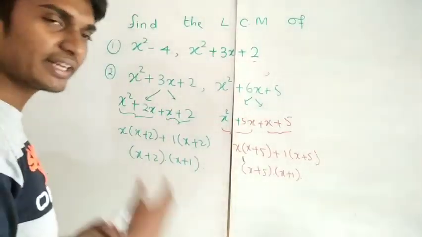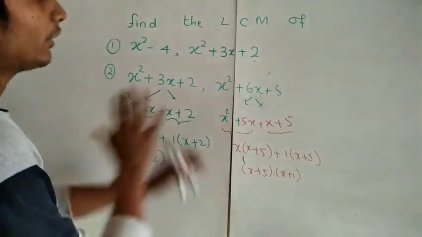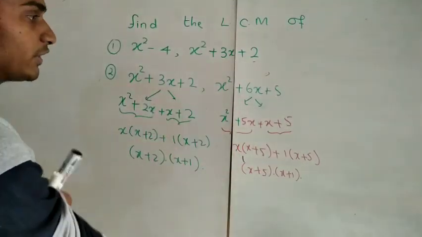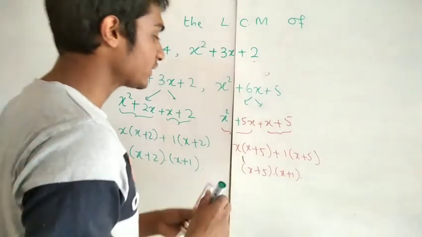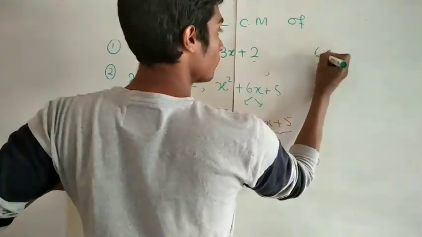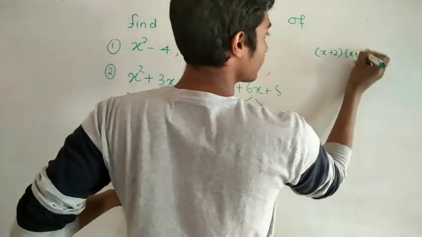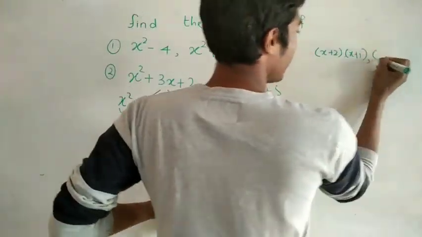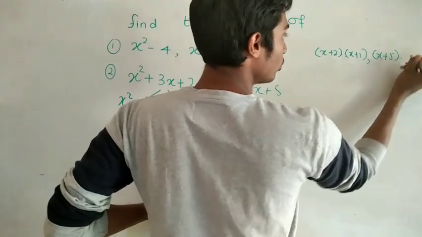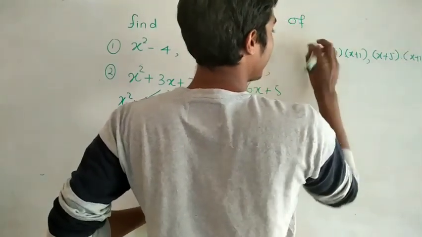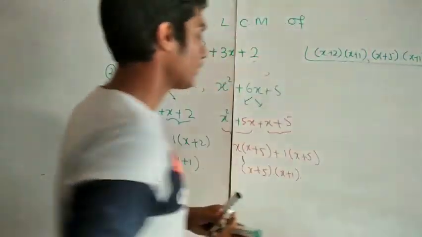right? These kinds of things are very simple and we have done already, and now all you have to do is find the LCM of these two terms, right? So now what you are going to do is put x plus 2 into x plus 1, comma x plus 5 into x plus 1 in that, and you put this line, right?